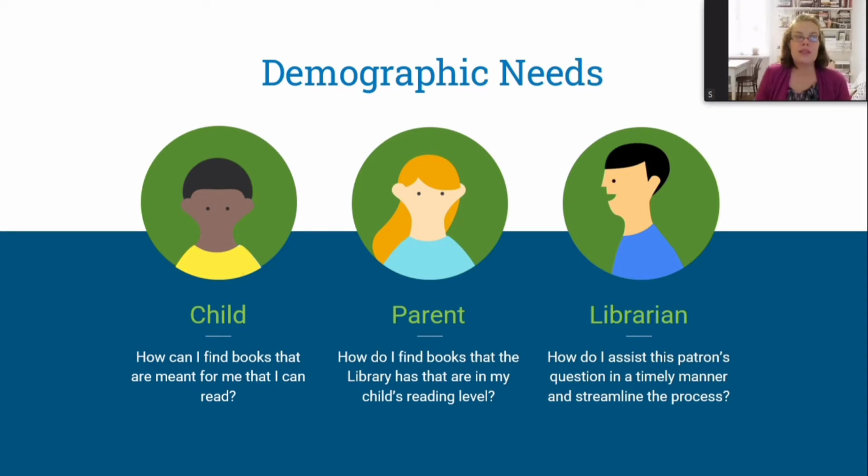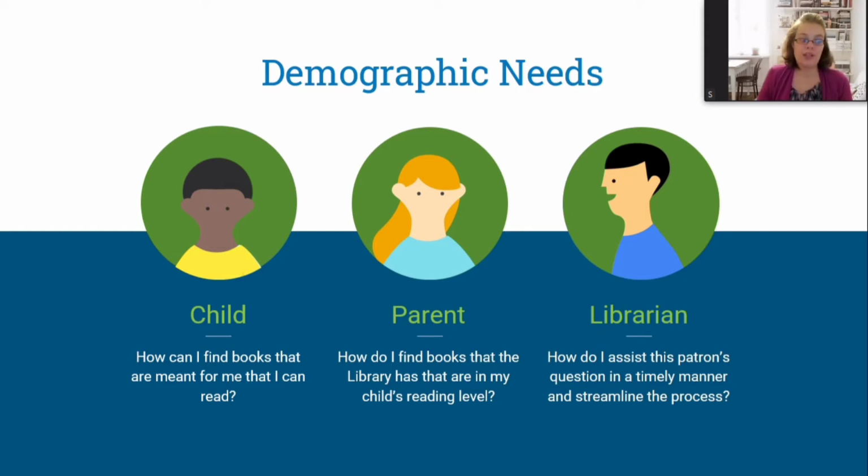So this brings us to the demographic needs. With the library, we are going to see parents and children on a daily basis. So they are the main focus on this API integration.